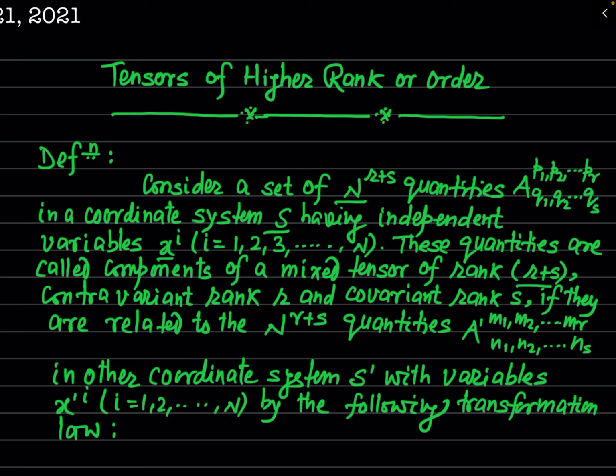Actually, these quantities will be called the components of the mixed tensor of rank r plus s if they are related to n to the power r plus s quantities in another coordinate system, let us say S prime, in which the independent variables are denoted by the symbol x prime i, where again i runs from 1, 2, 3, so on up to n.